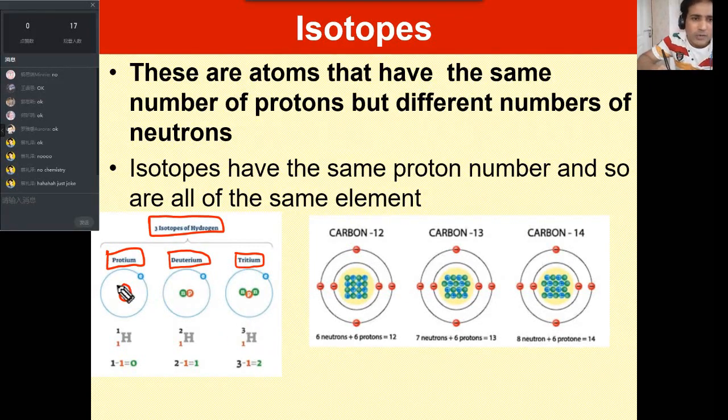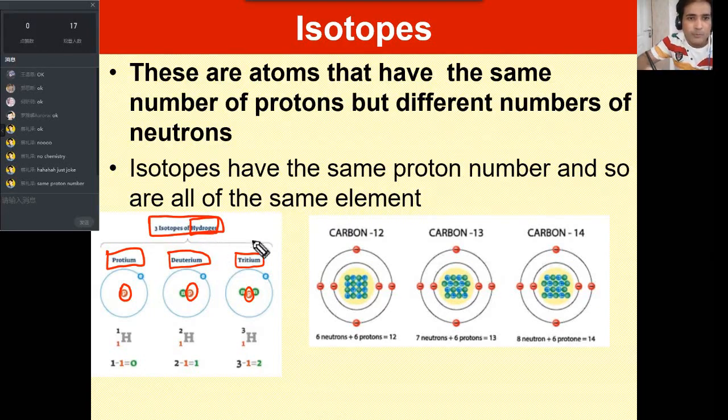You can see what is the same in all of them. These are isotopes of hydrogen, and all of them have 1 proton. Proton number is very important. It is the identification of any element. They have the same proton number because they are isotopes of hydrogen.